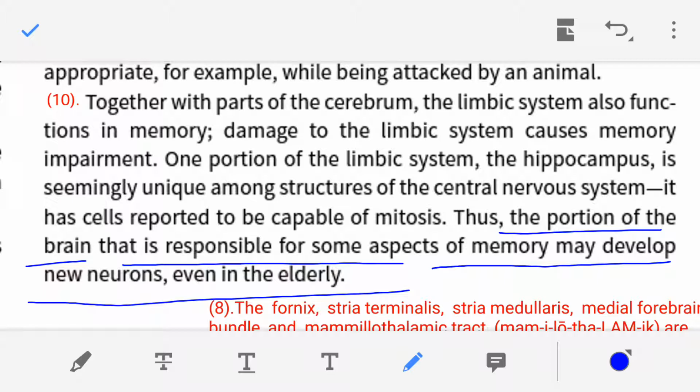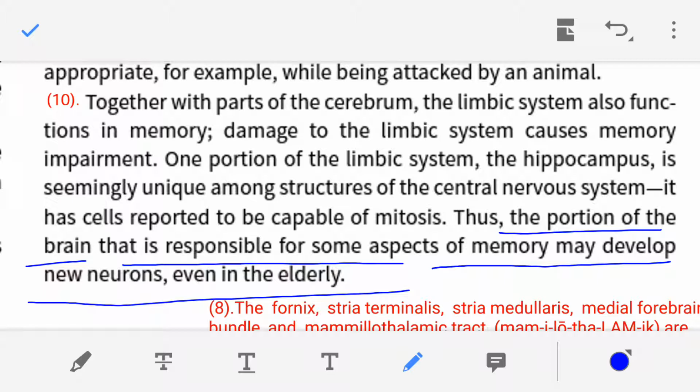That means even an old person. In this old person also, the hippocampus is present, and its cells are able to divide mitotically, so they can produce new neurons.